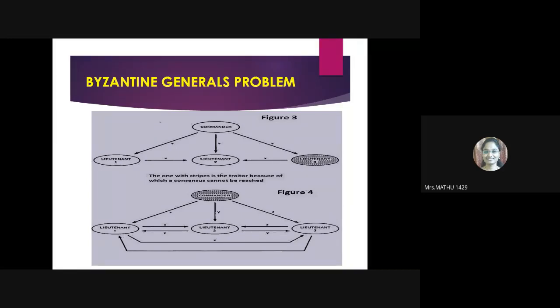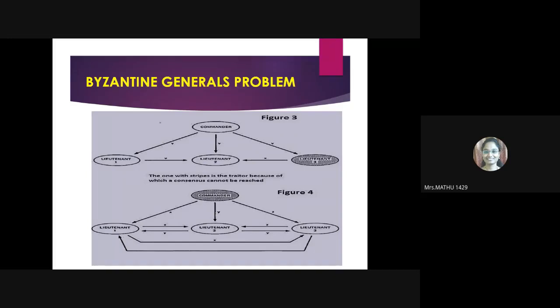Now they were all in different places, and they need to communicate the message properly, that if the army needs to attack the city, then the message has to be passed on correctly.